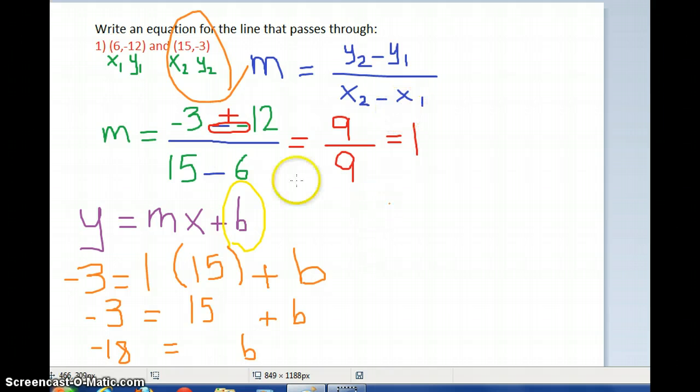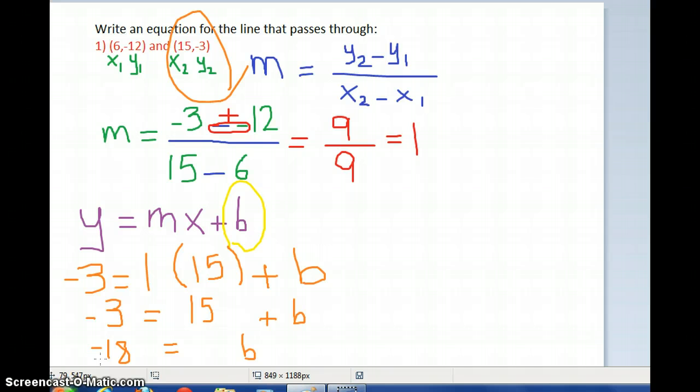I plugged in the y value, -3, equals, and I plugged in my m, the slope, 1, times x, which is 15, since I picked that point, plus b. So I have -3 = 15 + b, because 15 times 1 is 15. You subtract 15 from both sides, and you have -18.